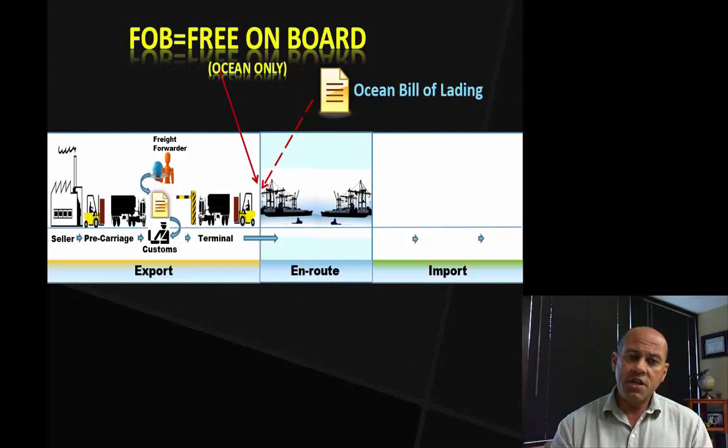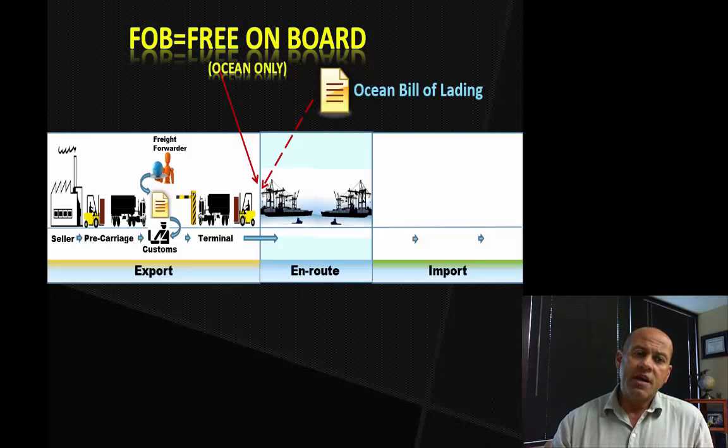It's also important to note that only an ocean bill of lading, an onboard bill of lading like this, is what we call a title document. So it actually can be held dependent upon the seller surrendering that bill of lading. Now, this idea of the bill of lading does not apply in air freight.